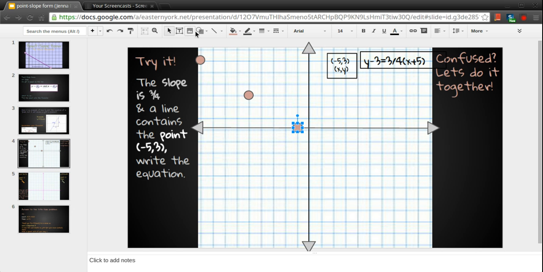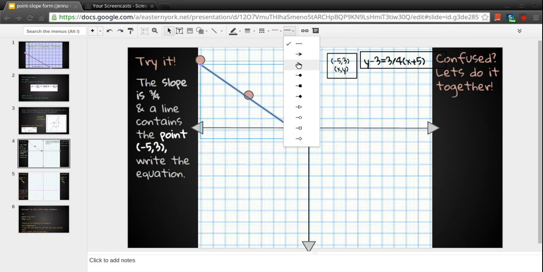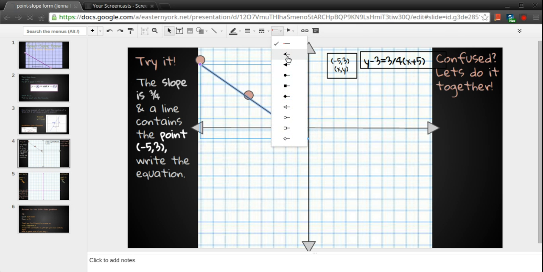We can even make a line to connect all of them. And there's our line.